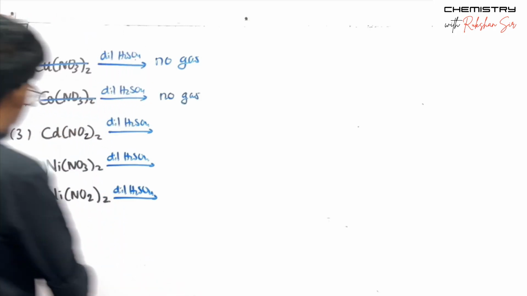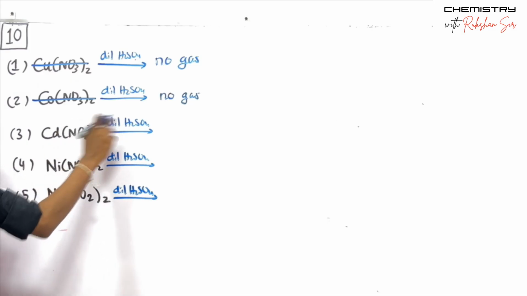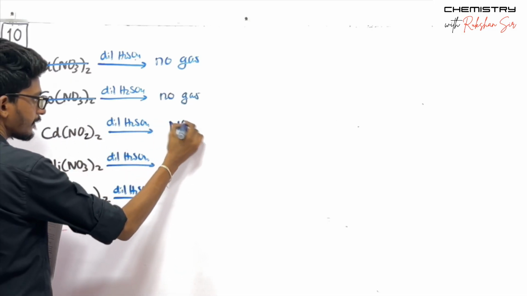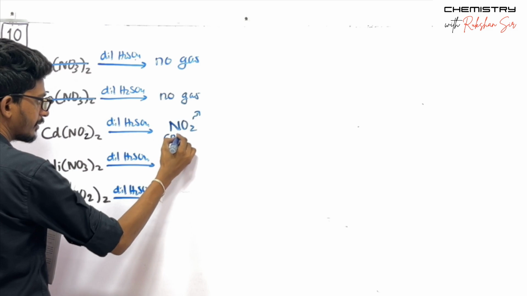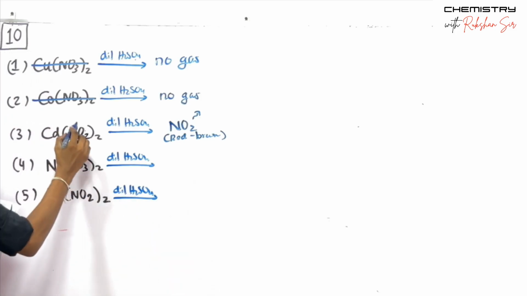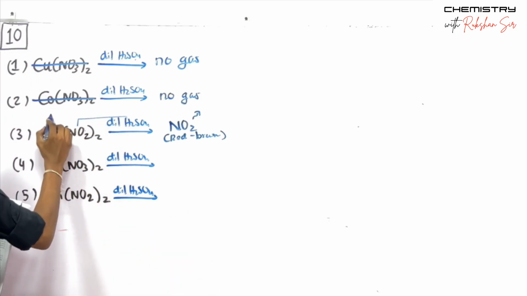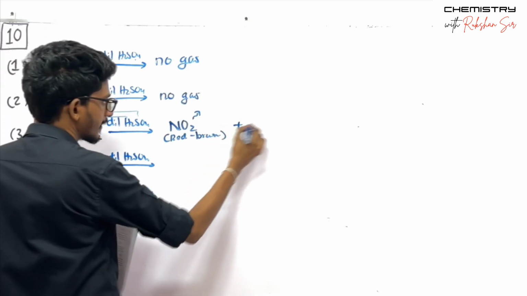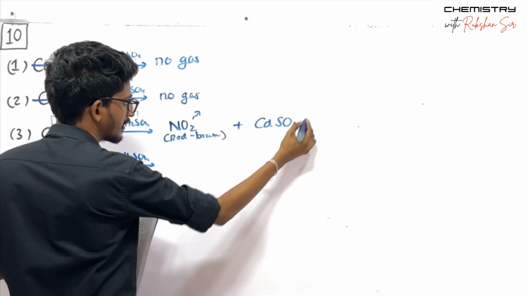So with this one, NO2 minus with dil. H+, NO2 gas, a red brown gas, will liberate. And when gas is released from these two, they will form the solution, cadmium sulfate.